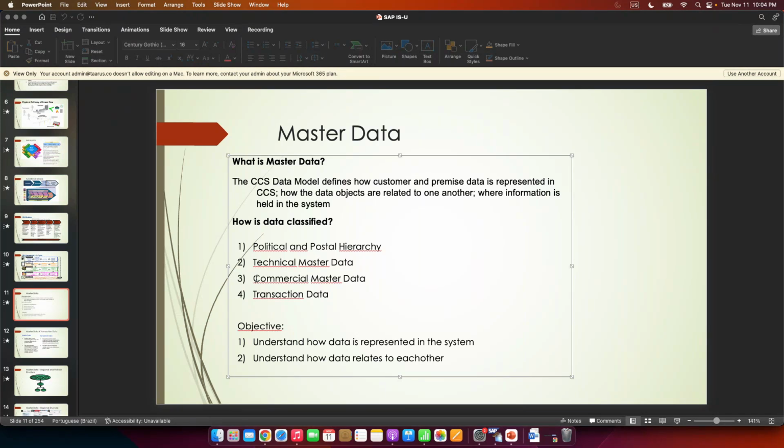We normally don't maintain any political or postal regional structures in SAP. Even though there is a functionality available, we don't use it because in most cases your utility companies will have a tie-up with one of your local address management organizations.